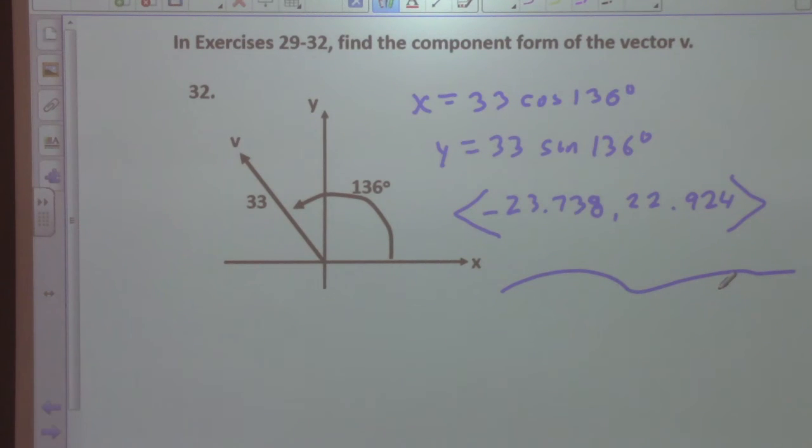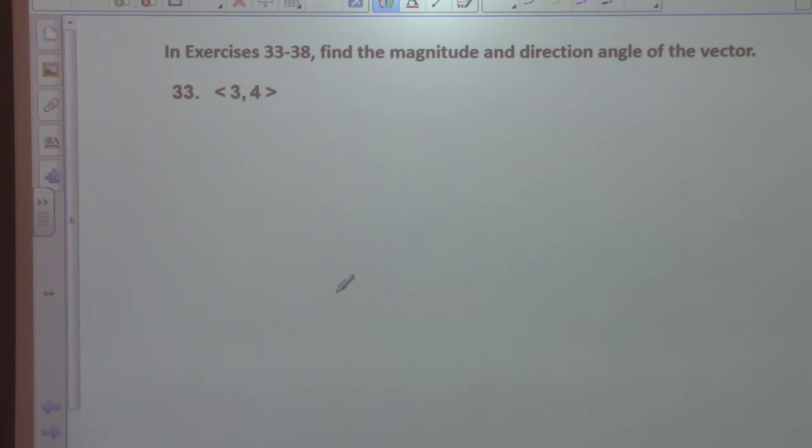Okay, we will go on here. Number 33. Find the magnitude and direction angle of the vector. We've been doing this for a long time, so you know how to. Have you done this one already, Jana? What'd you get?